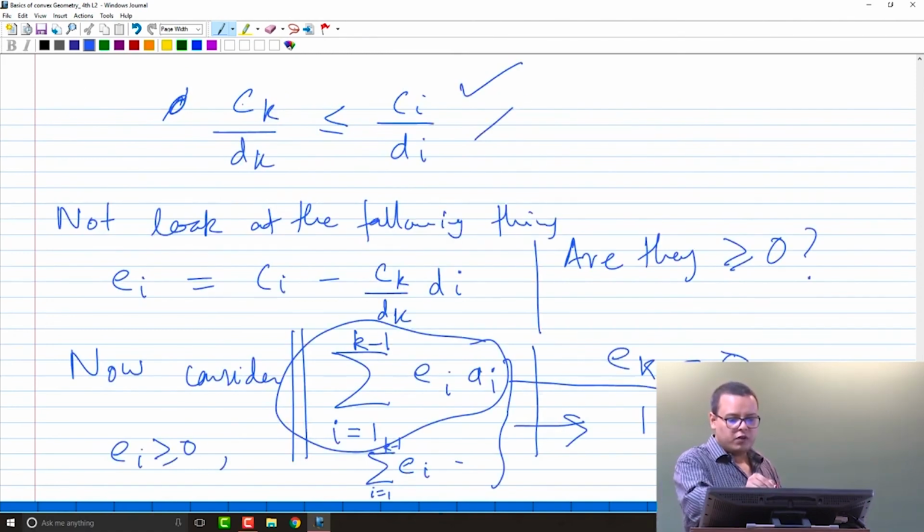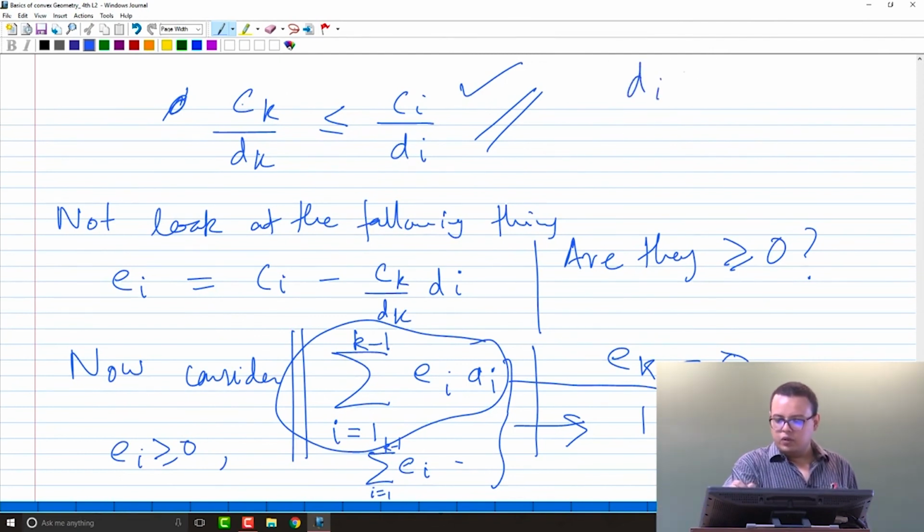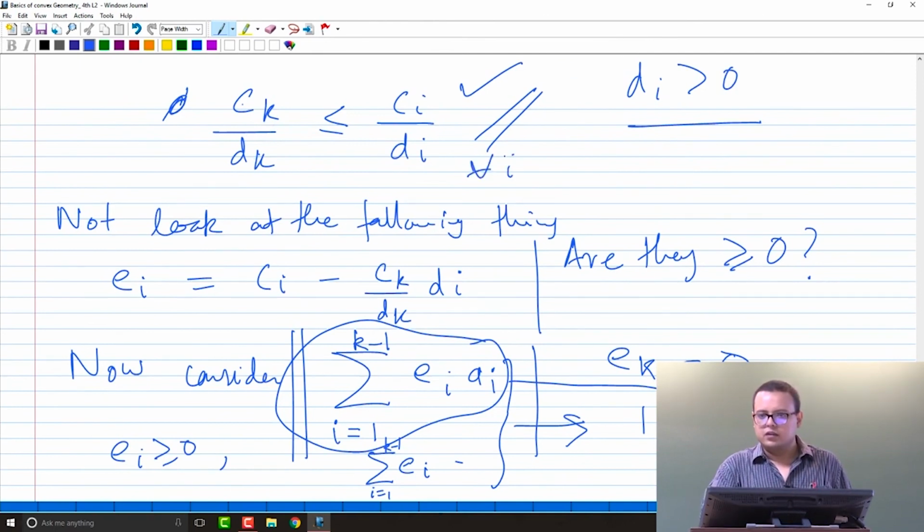Okay. Did I prove this inequality? I am not even proving this inequality. What I am saying is, among the different di's which are greater than 0, I am assuming dk is such that ck by dk is less than or equal to ci by di for all i such that di is greater than 0.